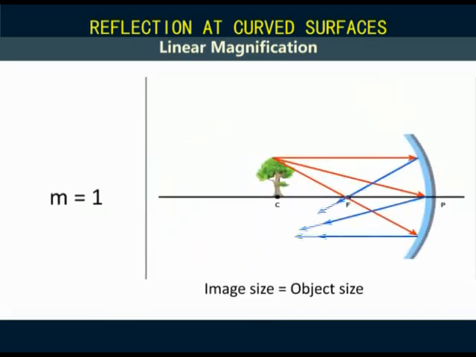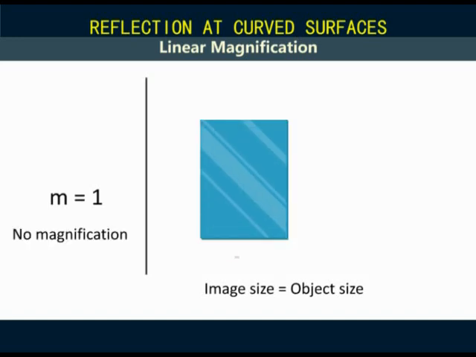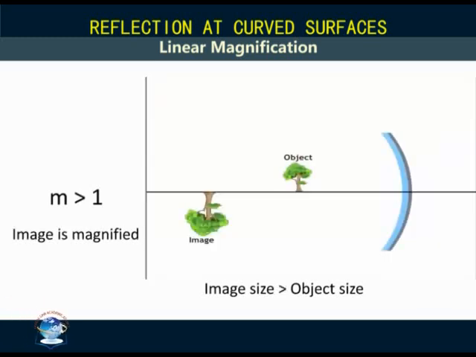Magnification is equal to 1 when the image size is equal to the object size. Images formed in plane mirrors are the same size as the objects. Therefore, the magnification in a plane mirror is equal to 1. In other words, there is no magnification. Magnification is greater than 1 when the image size is greater than the object size.